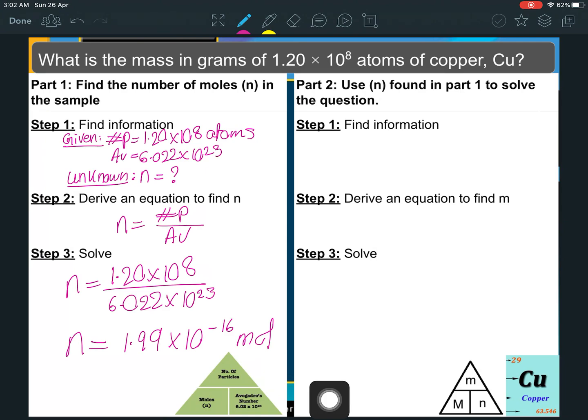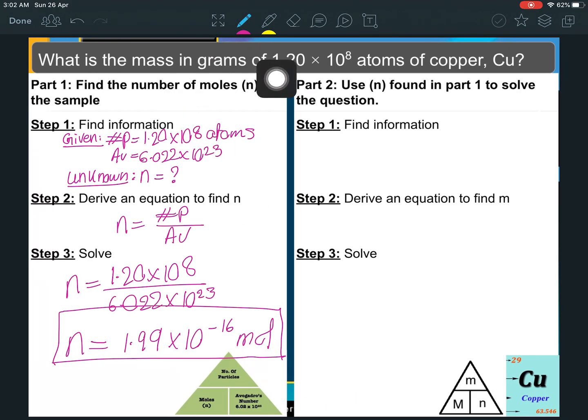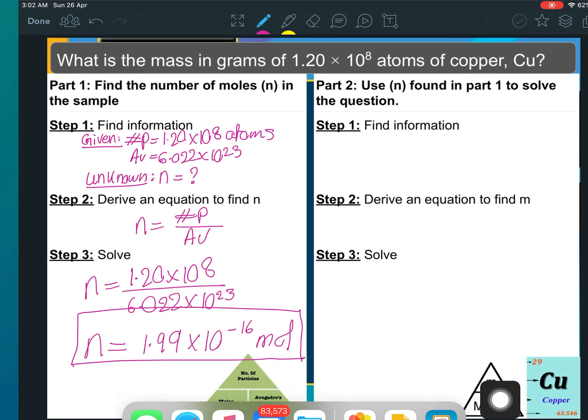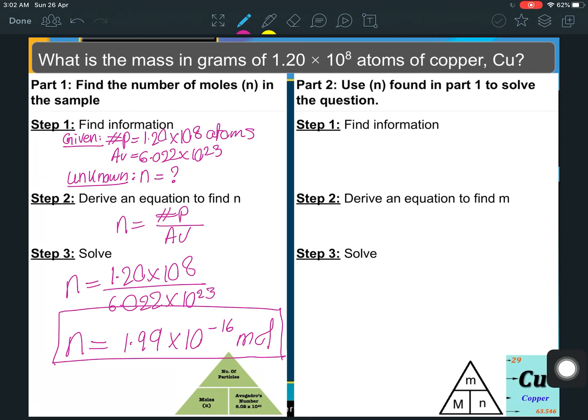All right, so now I know my number of moles, but the question was not asking me to find moles. It was asking me to find grams. So now that I know my number of moles, I can use this triangle to find the number of grams of my substance. So let's see what I have now. So my givens. If I wanted to use this triangle, what is useful to me? So what do I know? N is equal to 1.99 times 10 to the power negative 16 moles. And then I can also find my molar mass.